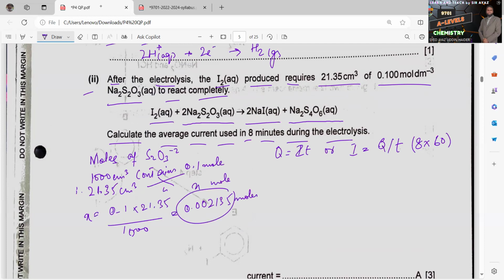So this will be divided by 2. So in order to calculate Q, we will write 0.002135 divided by 2, and this will be multiplied by 2 for the moles of electrons, and multiplied by the Faraday constant, which is 96,500.